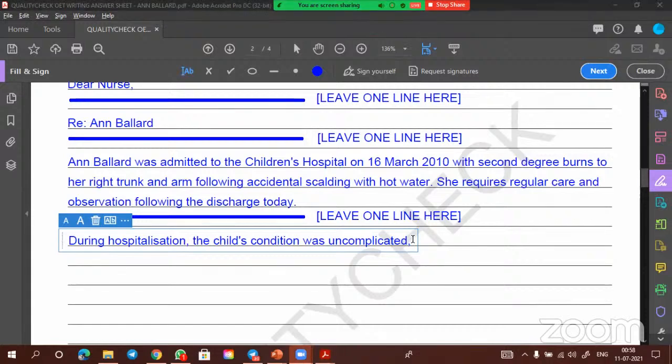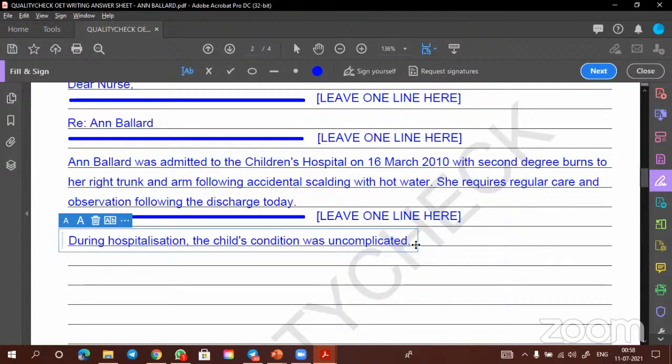So here you can say normal course, general course, usual course or regular course. So you can write the same thing as it is.